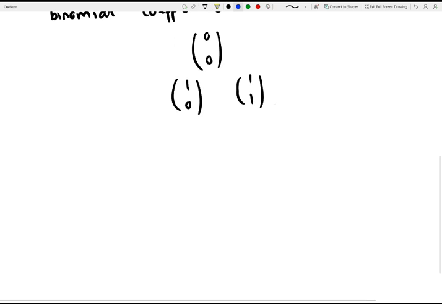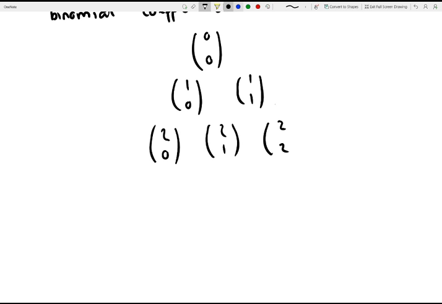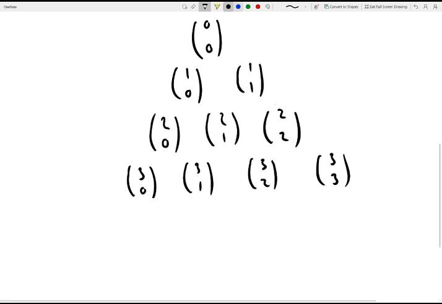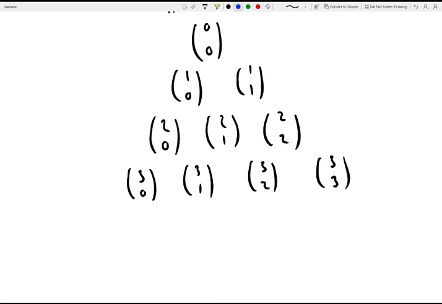In the second row we would have 2 choose 0, 2 choose 1 and 2 choose 2. In the third row we would have 3 choose 0, 3 choose 1, 3 choose 2, 3 choose 3, and so on and so on. And what does that actually translate to in terms of integers? 1, 1, 1, 1, 2, 1, 1, 3, 3, 1, and so on and so on.